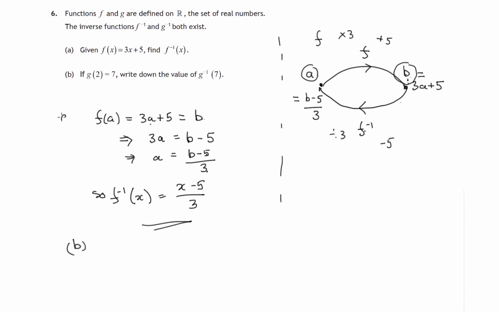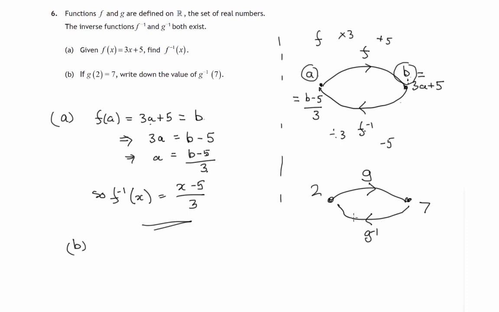So that's part A. Let's have a look at part B. We're told that if we start with the number 2 and then act with g, so 2 goes into g, 7 comes out. And we're asked about the inverse. What does g to the minus 1, the inverse of g, do to 7?